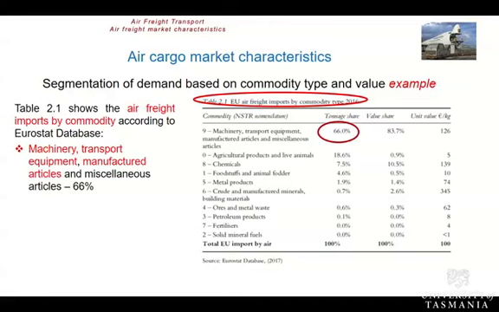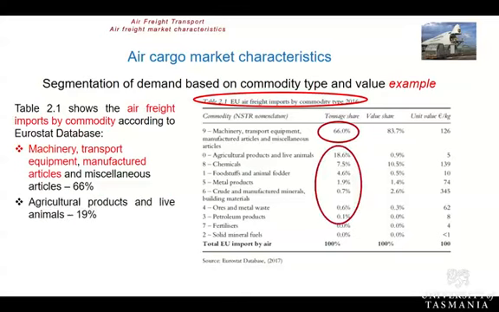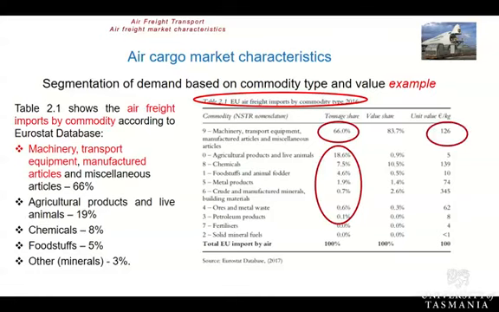And I suppose where this information is more informative is that we've now got a list of other products that are carried by air cargo: agricultural products, chemicals, foodstuffs, and also other minerals. It's quite finite. One of the other things on this slide, which is quite telling, is the unit price per kilo for the particular goods.